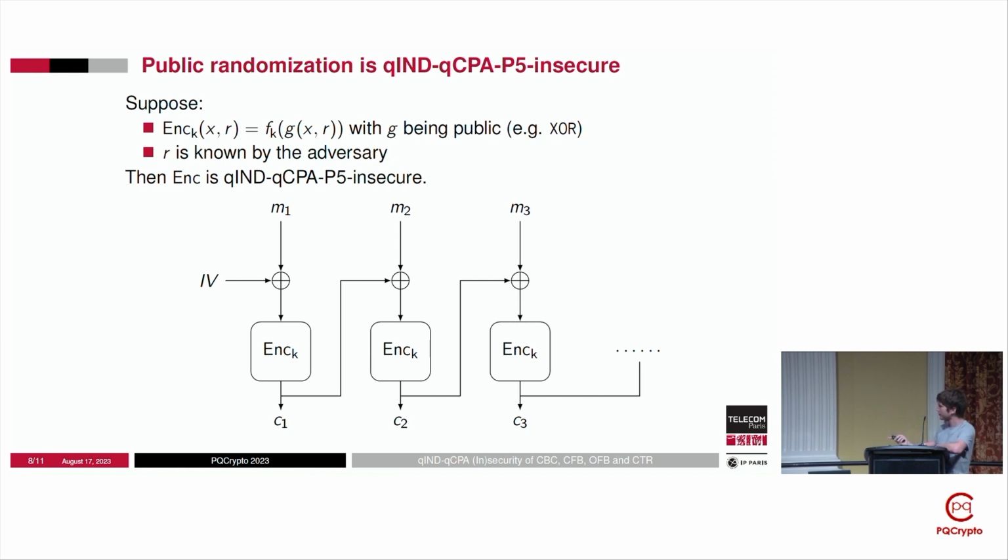Since the CBC mode satisfies our assumptions, it necessarily means that CBC is P5 insecure. Note that once again, we didn't use any of the way CBC works, only the way the randomization is handled.